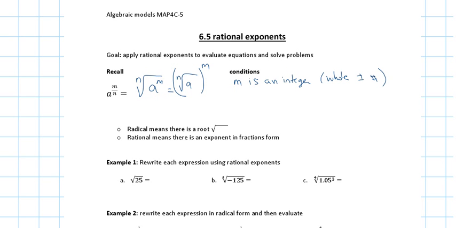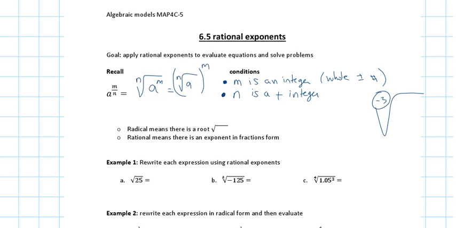N is a positive integer. So n, you can't take the negative root. So you can't have, like, you can't have the root of -3. That -3 root, it doesn't happen.